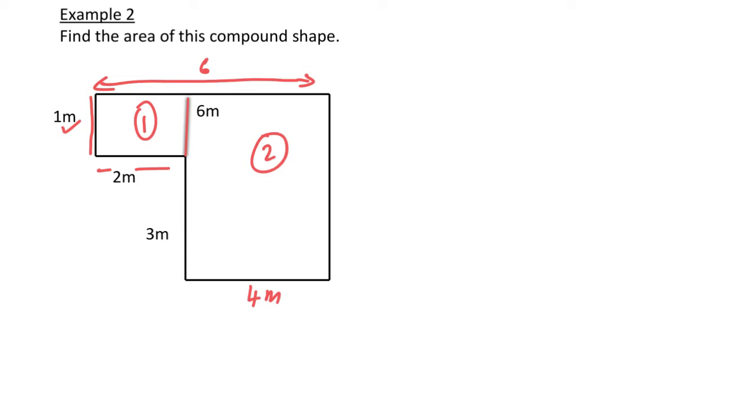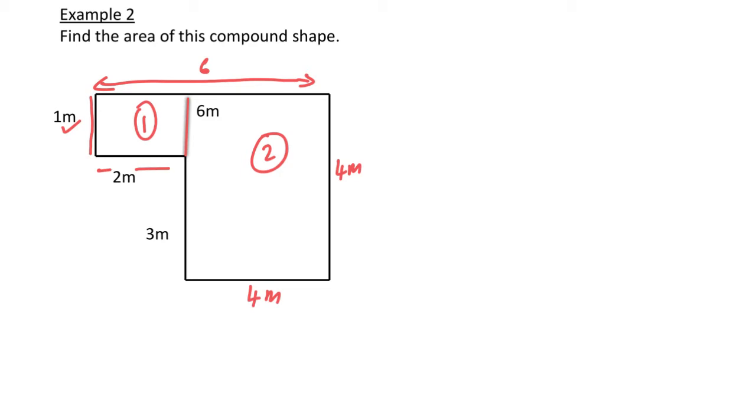We know the distance from the bottom of the rectangle to the sticky out bit is 3 meters, and the sticky out bit is 1 meter tall, so that means the total width of the right hand rectangle is also 4 meters, which also means that it's not a rectangle, it's a square.